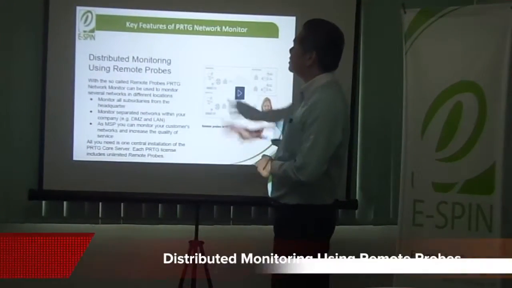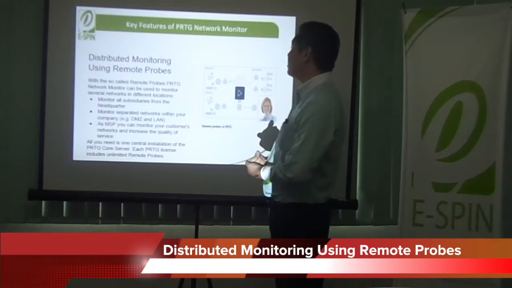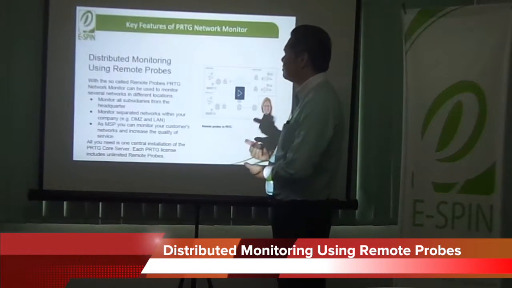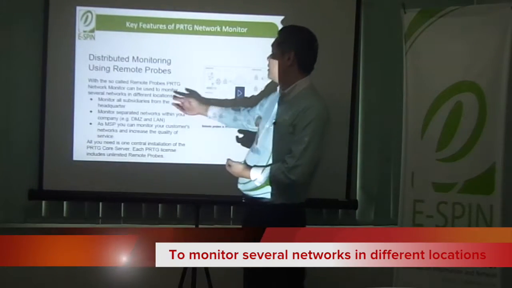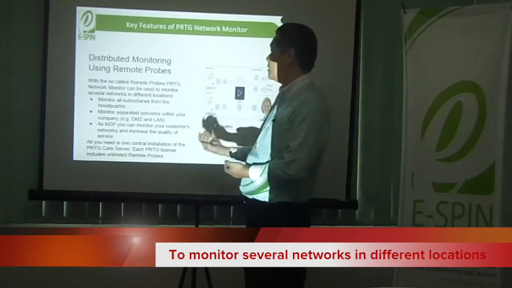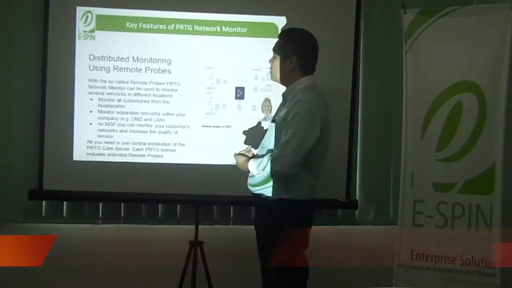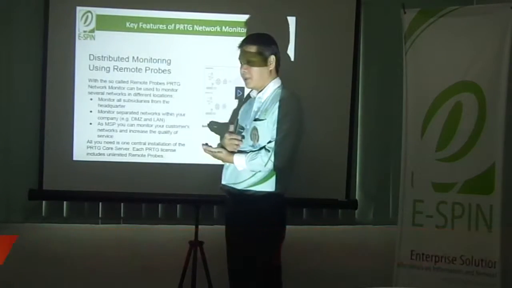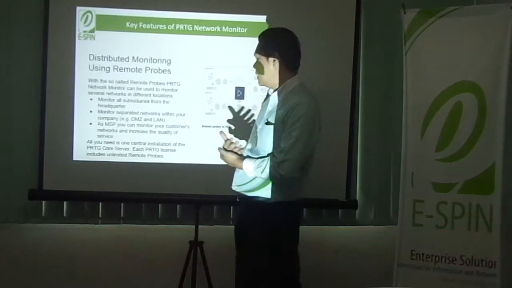Key features: distributed monitoring using the remote probe. With the so-called remote probe, PRTG Network Monitor can be used to monitor servers and networks in completely different locations. Monitoring all subsidiaries from the headquarters, because each one is still considered its own private network. So monitoring separate networks within your company, in particular those with a typical DMZ setup and local area network.